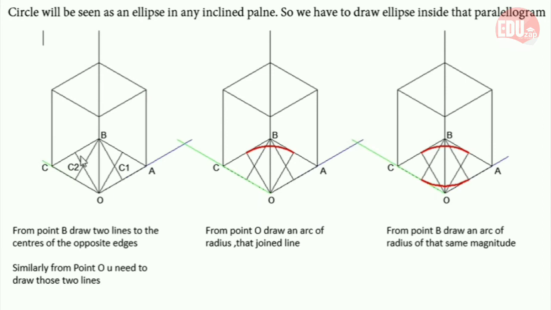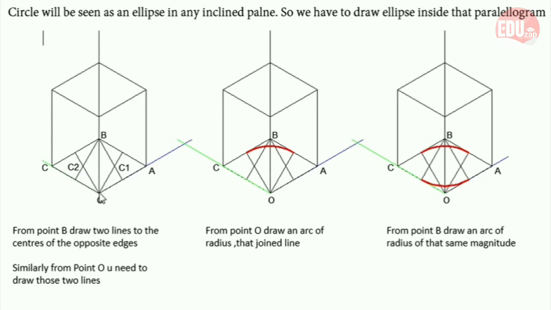That is, you need to find the centers of all these edges. So this point is the center of BC. This is the center of AB. Like that, you find all the centers first. Then from this point to the opposite two edges, draw lines to the centers of those lines. Similarly, from point O, then you will get four centers.